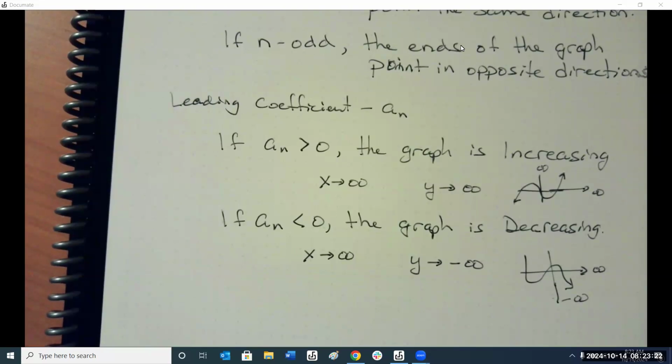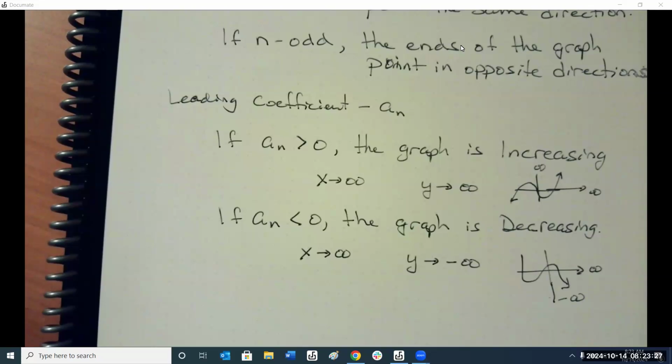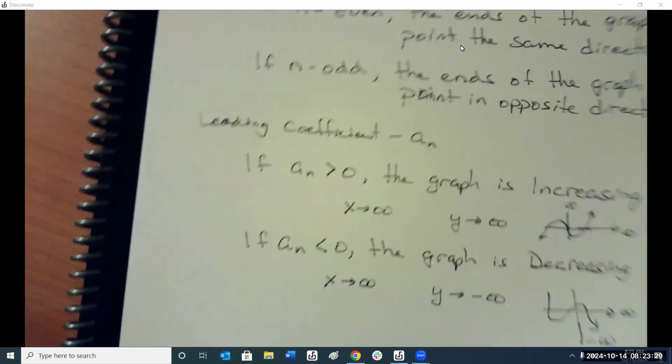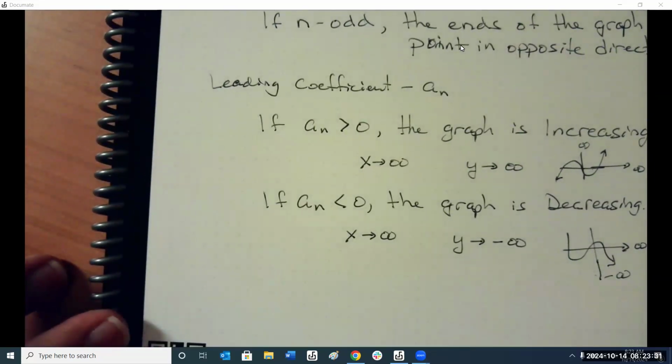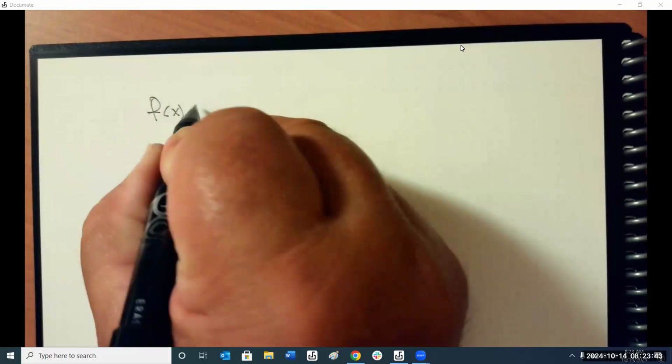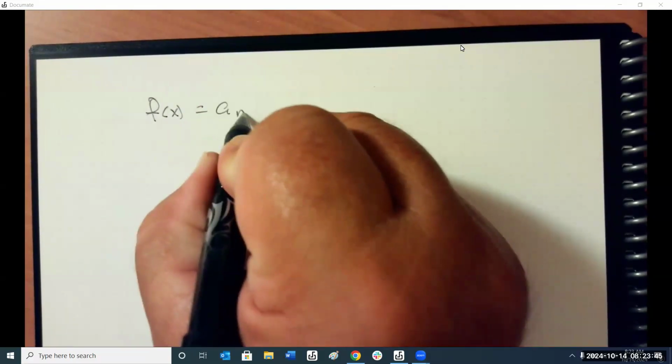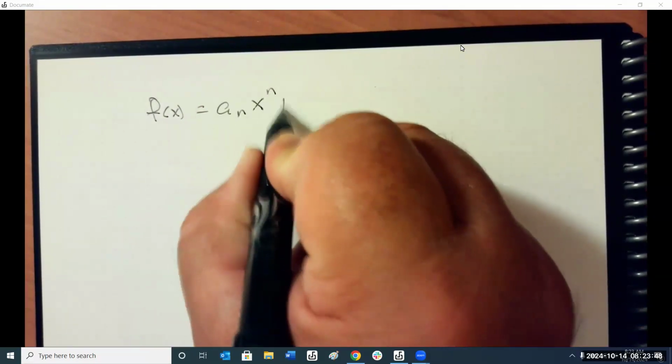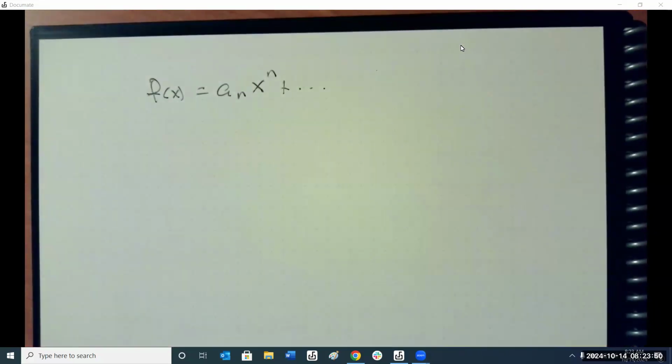This is made more simple by what's called the leading term test. It's called the leading term test because for any polynomial, all we look at is the leading term.